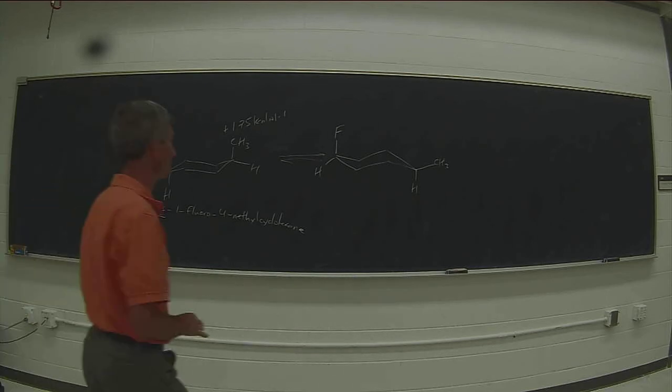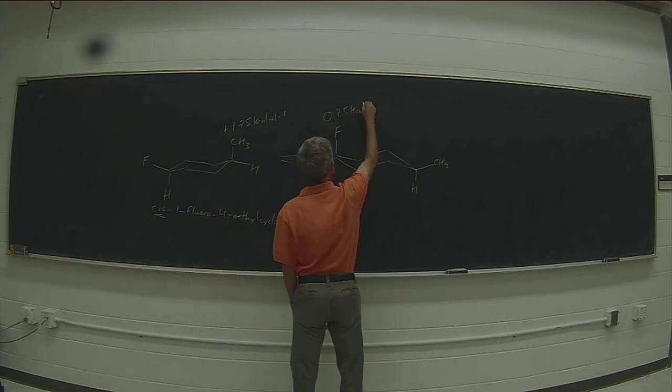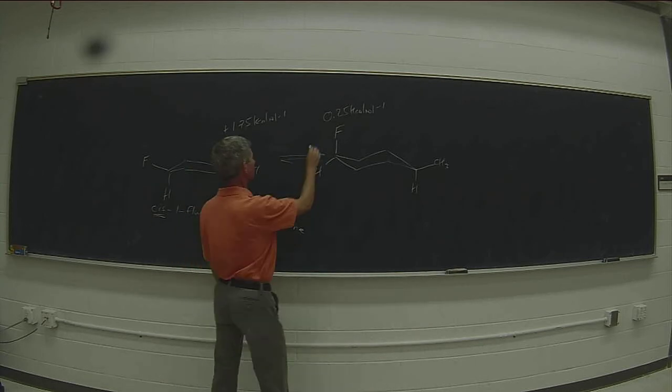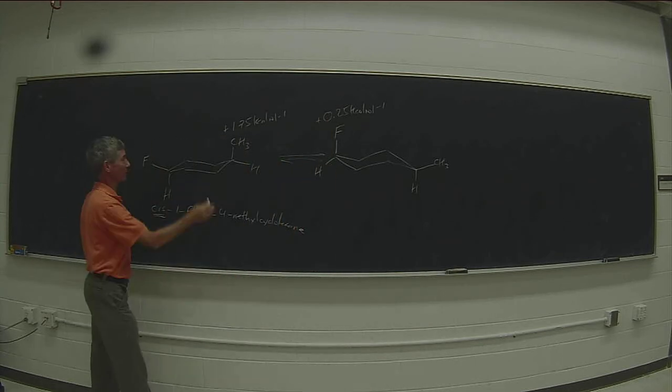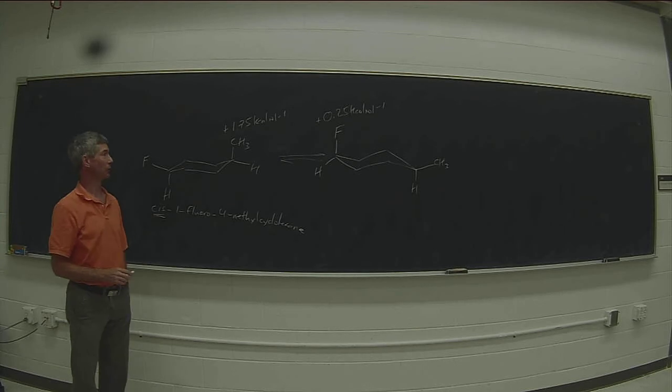But it only costs me 0.25 kilocalories per mole with that fluoride in the axial position. Right? So the total cost in this one is 0.25 kilocalories per mole, whereas the total cost in this one is 1.75 kilocalories per mole.